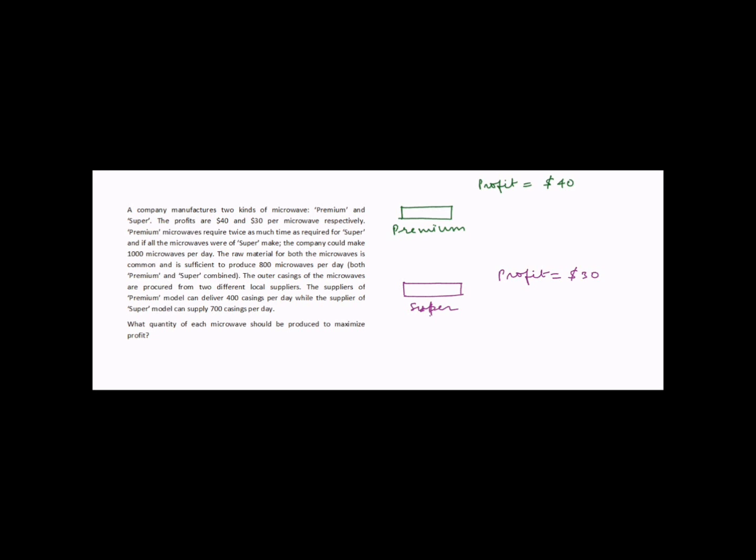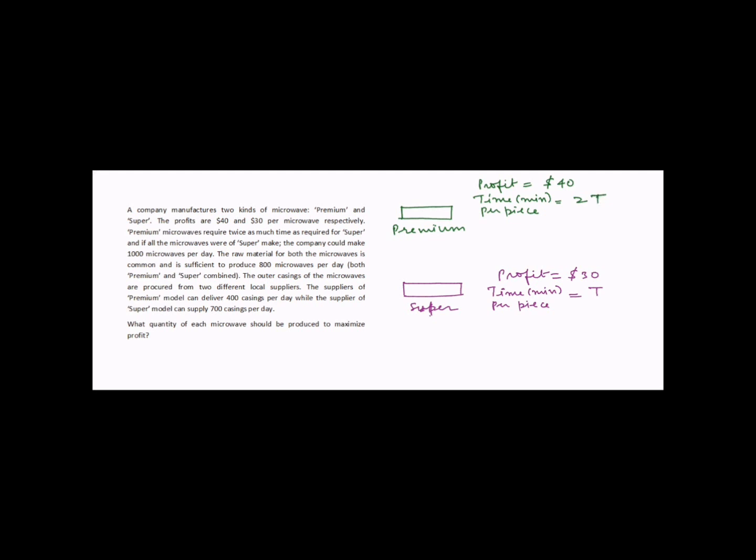So let us note that down. So time in minutes per piece is equal to T, and time in minutes per piece for premium is equal to 2T.